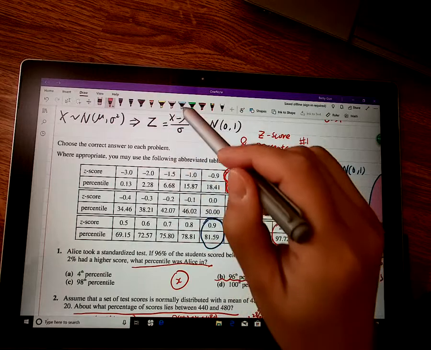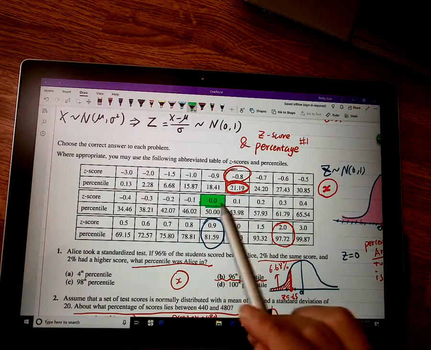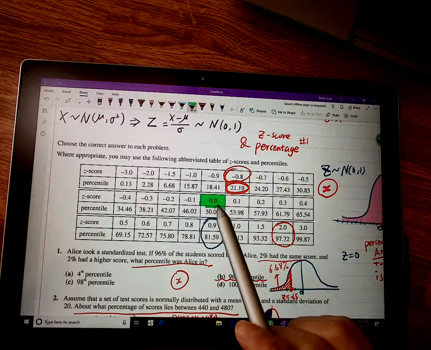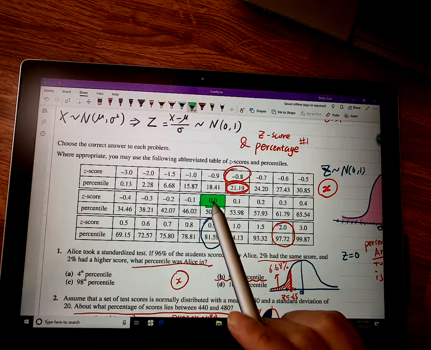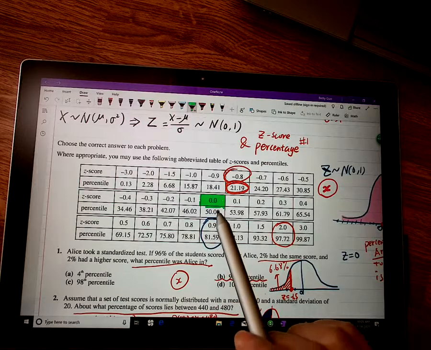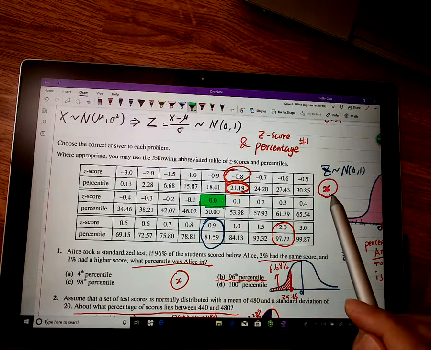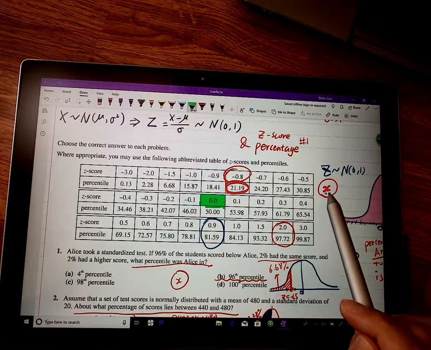Okay, so if we look at here, if the z-score equals 0, what does that mean? When we talk about z-score, we have to think about z-score of what? Z-score of an x value, whatever the value you concern, okay?